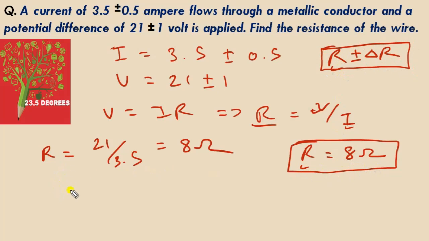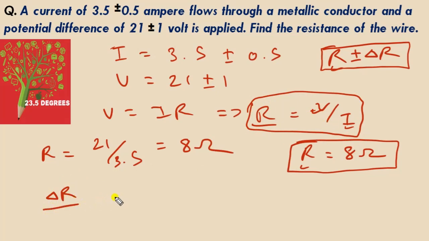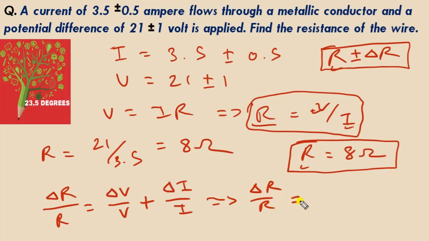To find the mean absolute error, we will use the same formula, that is from this equation, R is equal to V upon I. We get relative error in R, remember the rule for multiplication and division both is same. Okay, relative error in R is equal to relative error in V, relative error in voltage, plus relative error in current I, that means delta I upon I. Solving this, we will get delta R upon R equals to delta V upon V, that is 1 upon 20, plus delta I upon I, that is 0.5 upon 2.5.